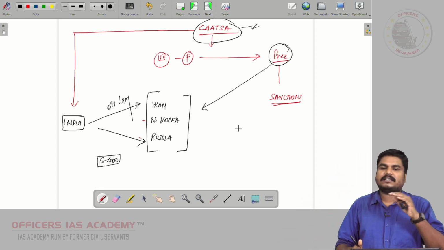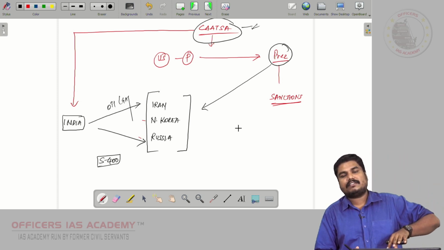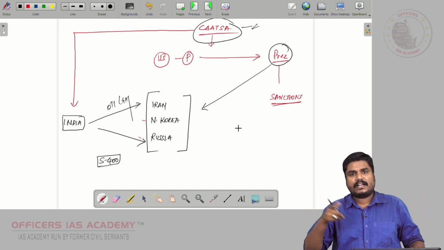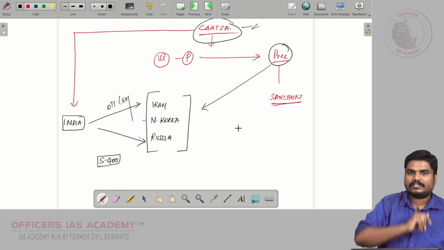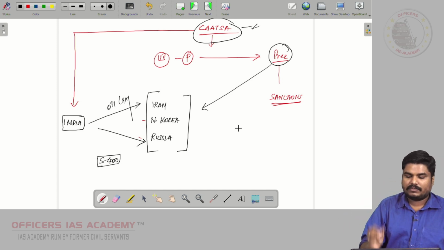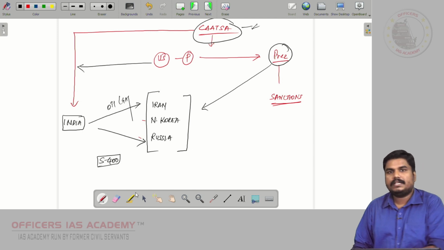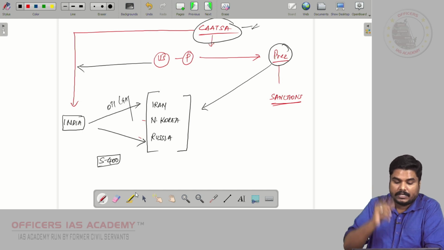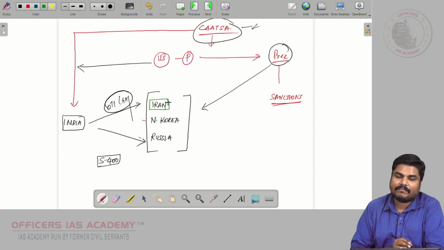On 3 countries, sanctions have been imposed so far. But certain sections of CAATSA also say that if any other country has significant energy trade or defense trade with these 3 countries, on that country also we can impose CAATSA. So the USA is pressurizing India, or pressurized India, not to have any oil trade with Iran.